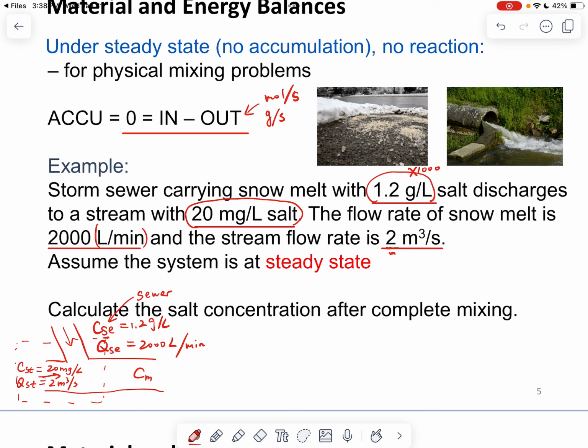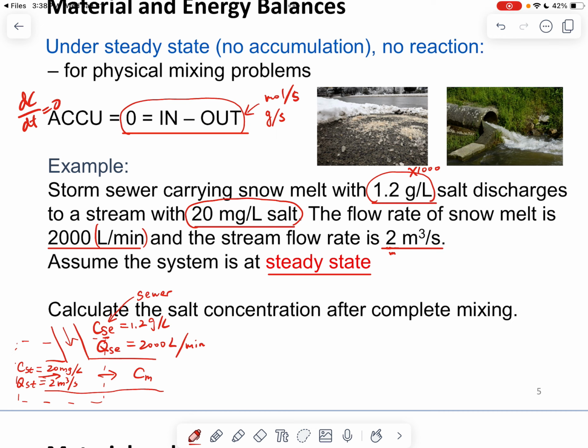There are two inflows and one outflow. This perfectly fits our mass balance, where you don't have any accumulation because everything is under steady state, which means that dC/dt just equals 0. And then you have the inflow and the outflow, and we can just put in the conditions and try to make the mass balance work.